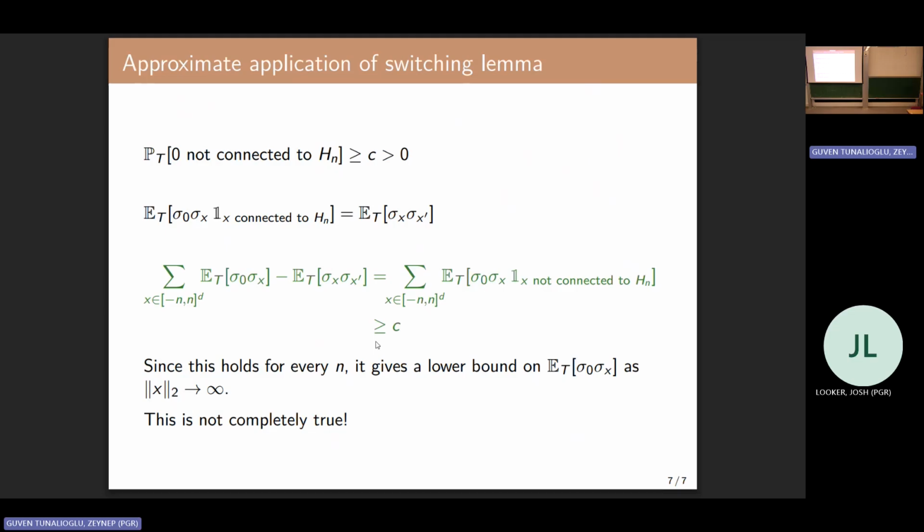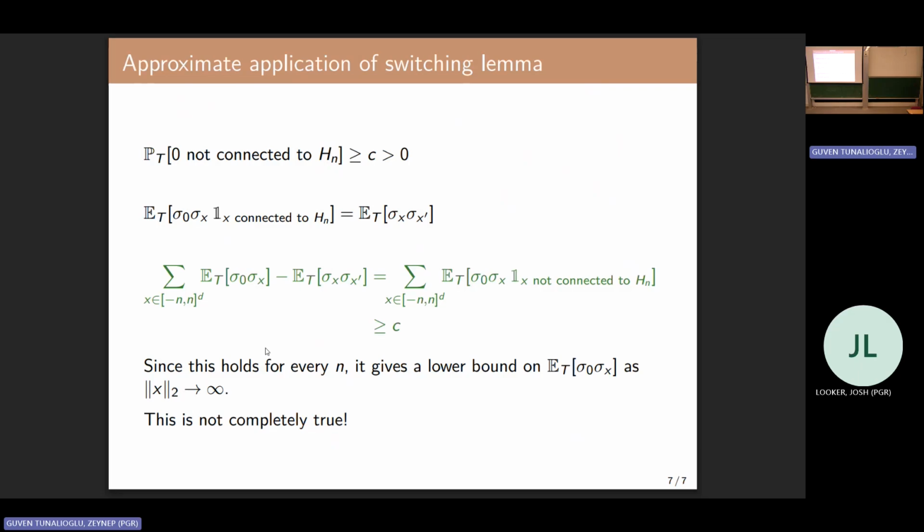And we know that this holds for any n, so you can send n to infinity, and we get an infinite sum. Now, if these expectations decay exponentially, this will not be possible.